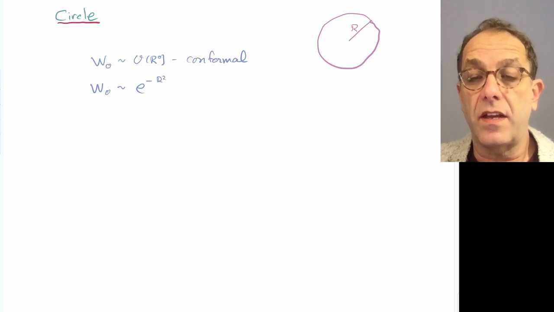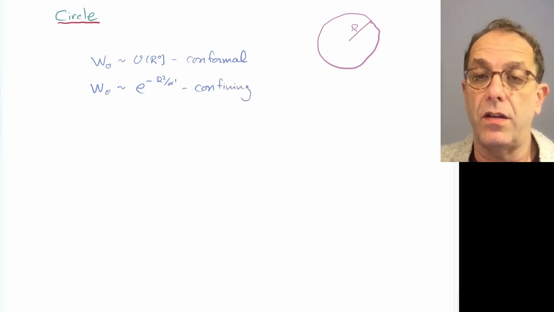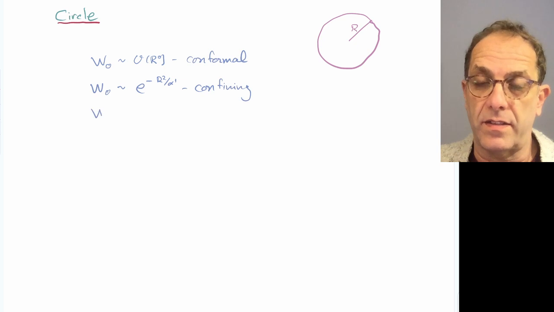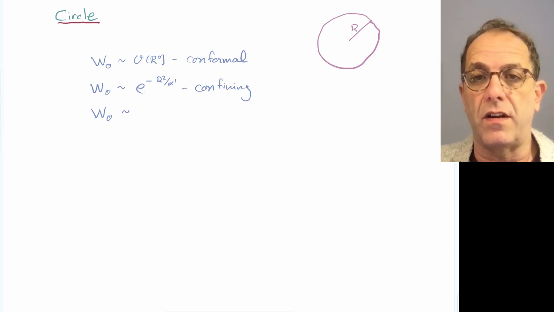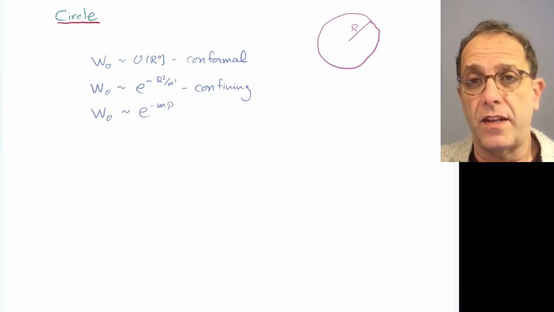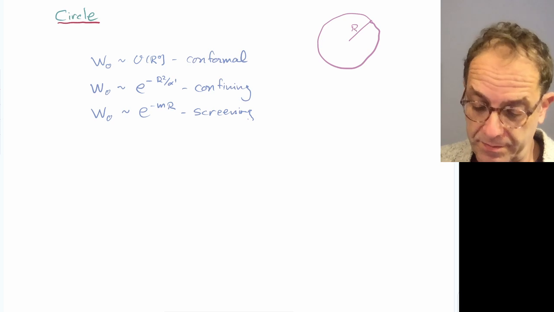If it behaves like an exponent of the radius squared divided by alpha prime, so again we have an area law, then that is the confining phase of the theory. And if it is proportional to R, and the proportionality constant would normally be a mass of a charged particle that is screening the lines, that would be a screening phase.